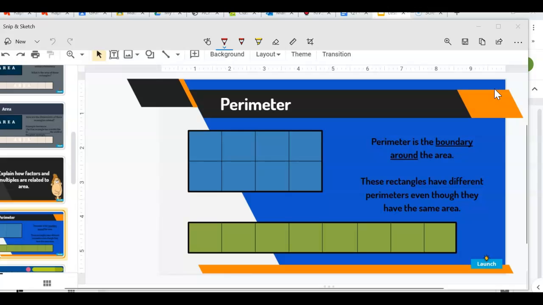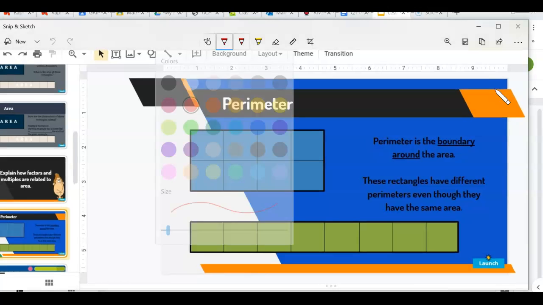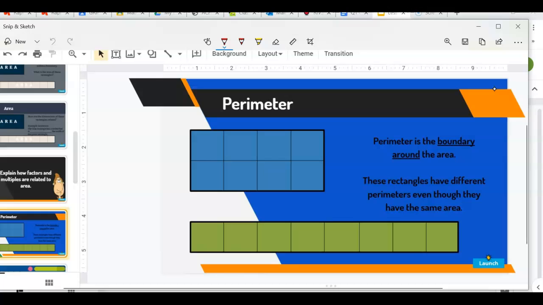Imagine that you're standing on this side of the figure and you're looking this way. What do you see? 1, 2, 3, 4. You see 4 units. Imagine that you're on this side and you're looking this way. How many do you see? 1, 2.